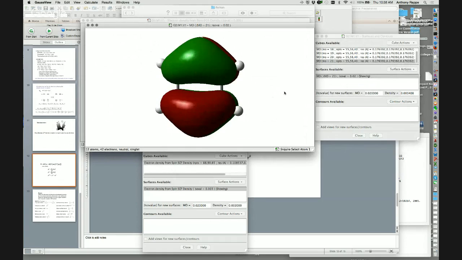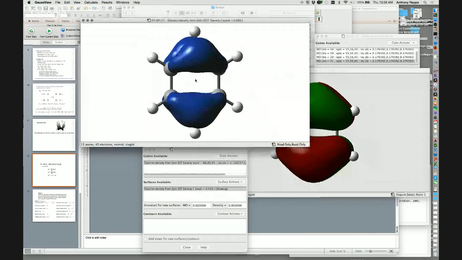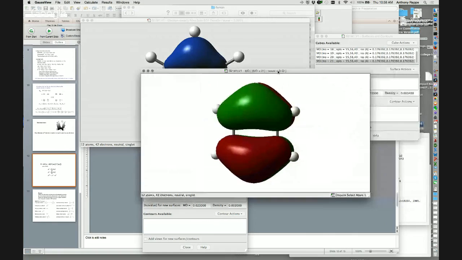Because benzene has D6h symmetry, for the pi system you have an A and an E set, so two degenerate E orbitals and an A orbital for the occupied pi system. And this orbital, perhaps not surprisingly, looks similar to the spin density. Not exactly the same, but similar to the highest occupied molecular orbital.